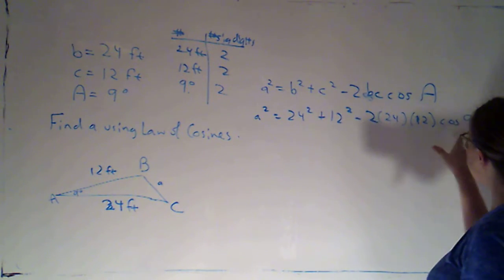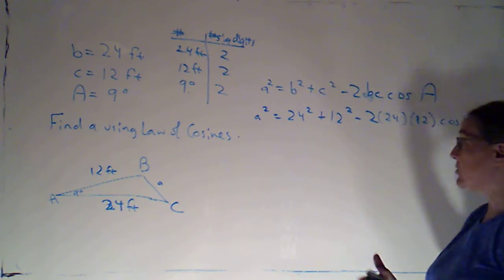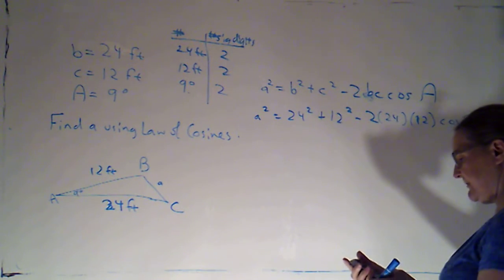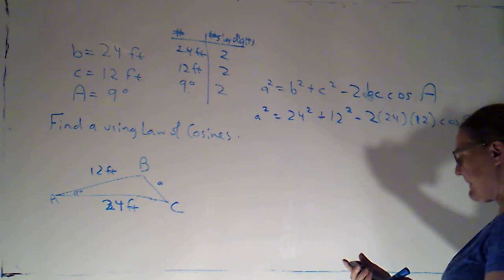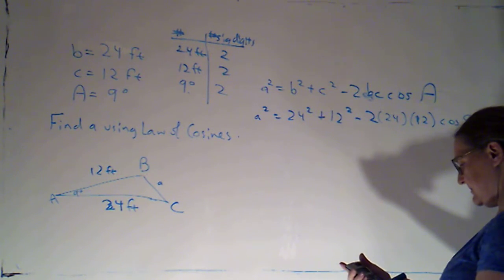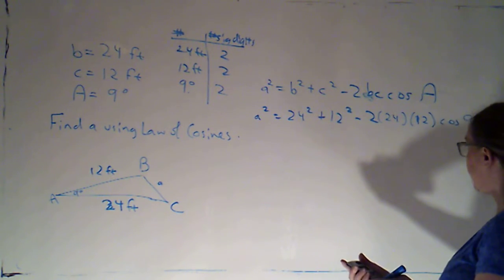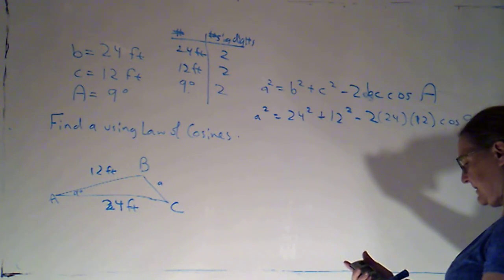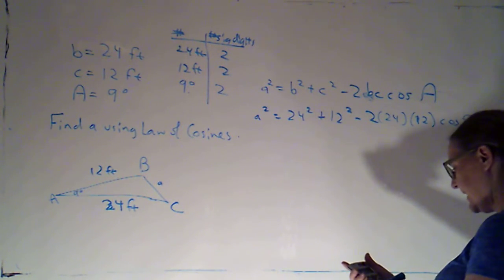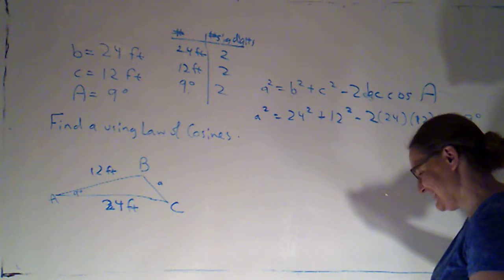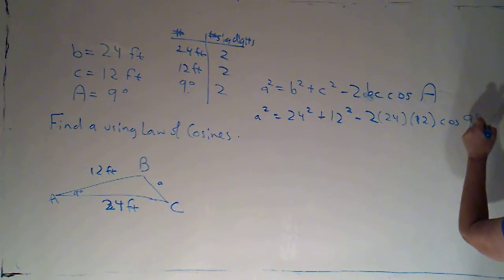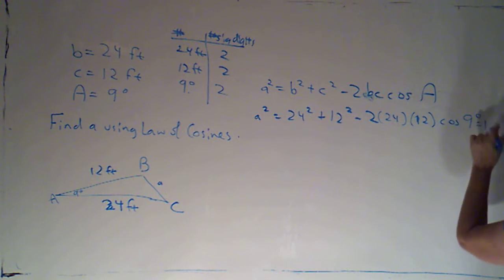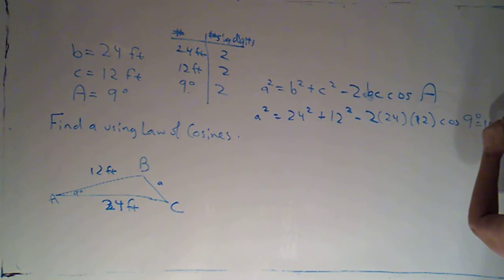I'm going to make sure that my calculator is in degree mode, and then we'll enter in 24 squared plus 12 squared minus 2 times 24 times 12 times cosine of 9 degrees. And I get 151.0 and so on.